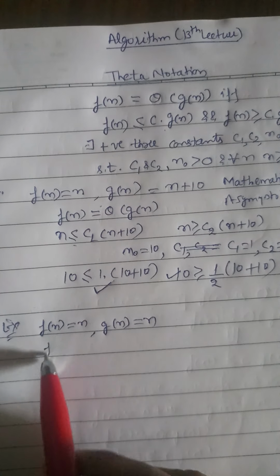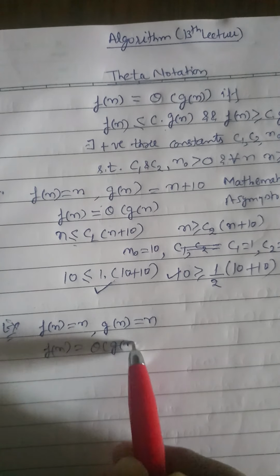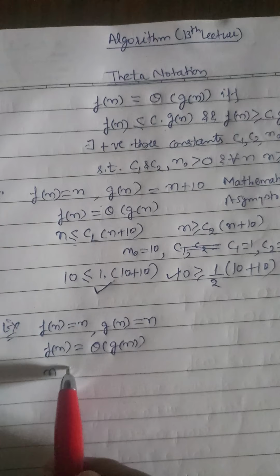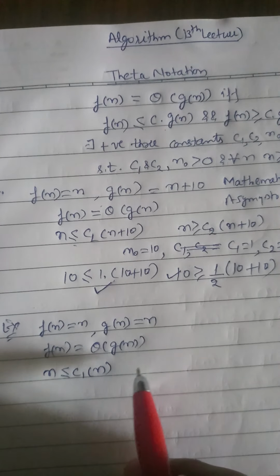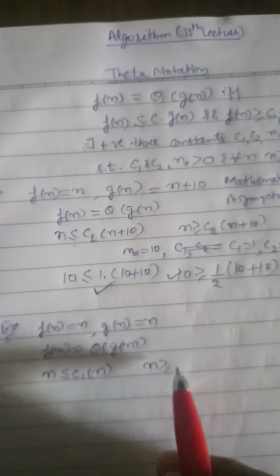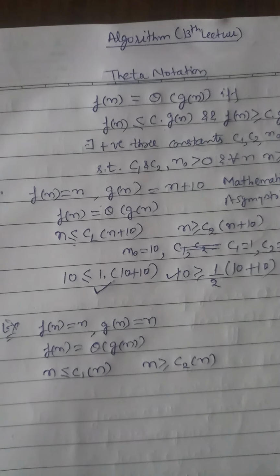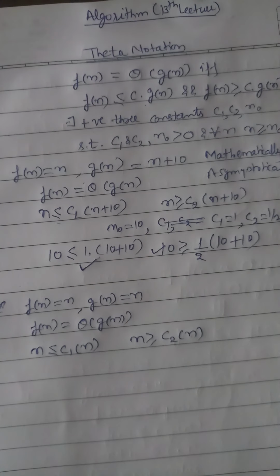So what is the condition? f(n) is equal to theta g(n), and we have n less than or equal to c1·n and n greater than or equal to c2·n.